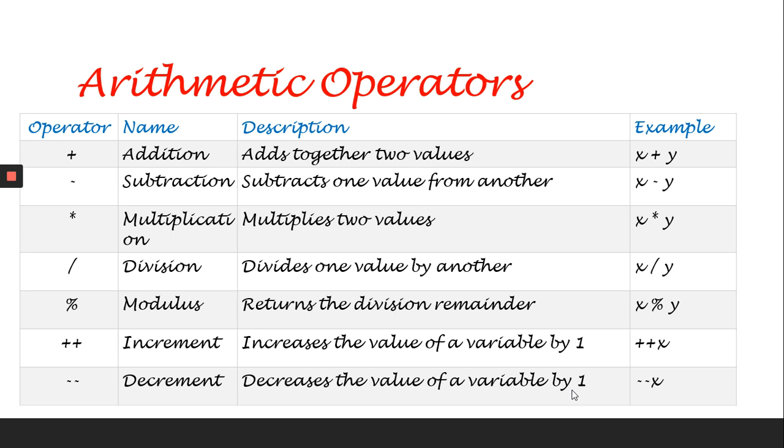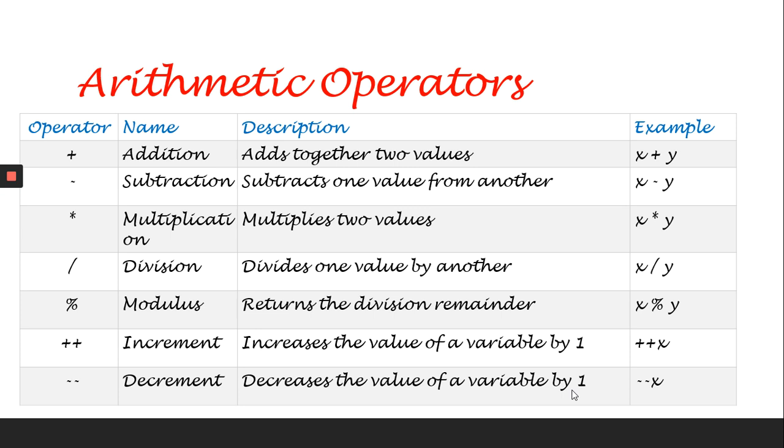Now we have increment and decrement operators. Increment operator is represented using two plus symbols and decrement operator using two minus symbols. It is similar to the case of x equal to x plus 1. That is, plus plus x is similar to x equal to x plus 1. If we want to add 1 to a particular variable, we will be writing x equal to x plus 1.